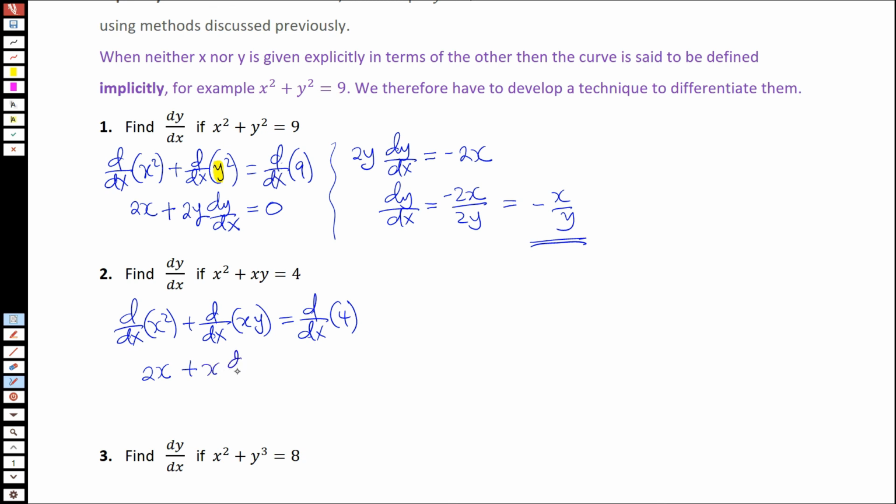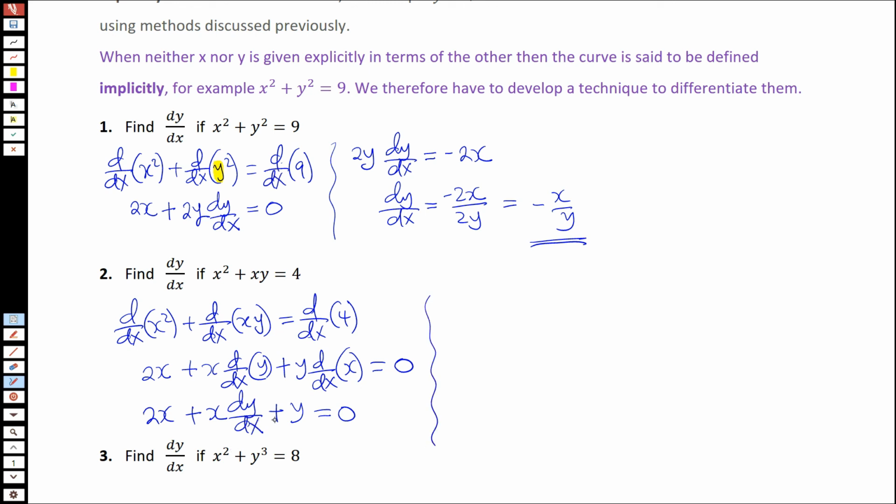So x multiplied by the derivative of y plus y, the derivative of x, which will be equal to 0 because derivative of 4 is just 0. So you have 2x plus x multiplied by derivative of y, which will be dy over dx, plus here derivative of x is just 1, so we have y, which will equal 0.